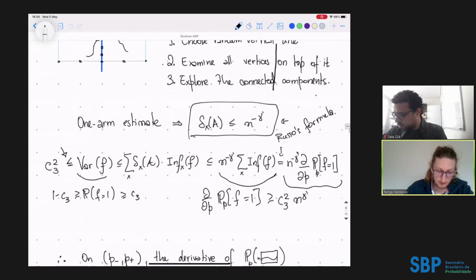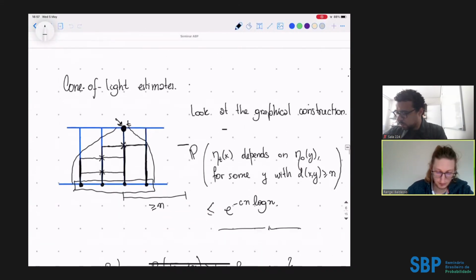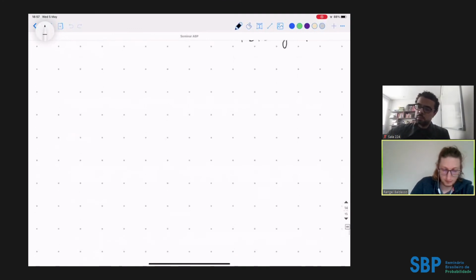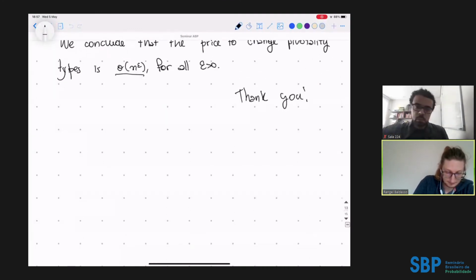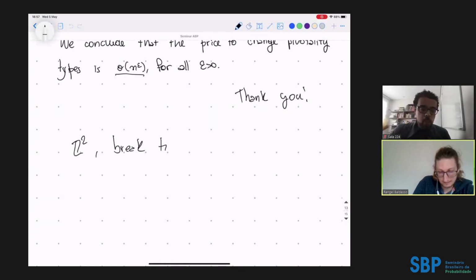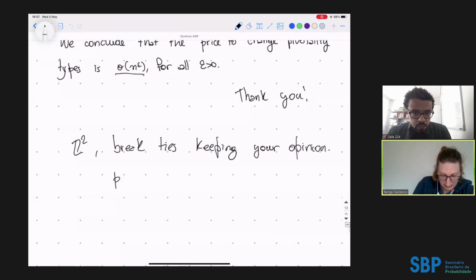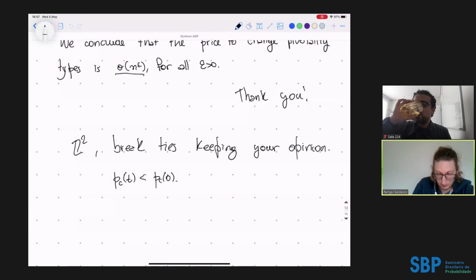For example, if you take Z2 and you break ties by keeping your opinion, then the critical point at some time t is always smaller than the critical probability at time 0.